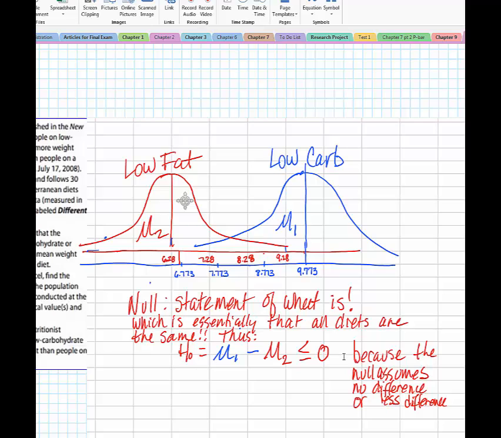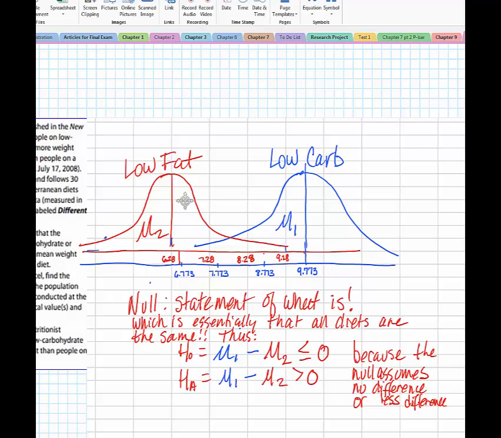So pause for a minute and think about what this says. It's, I think, a little counterintuitive, but we are stating what is. Then in the alternative, we're going to say mu1 minus mu2 greater than 0. That's going to be the alternative that we're trying to show.